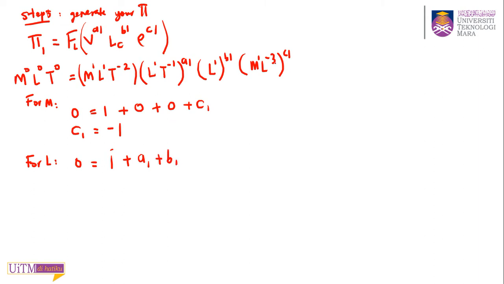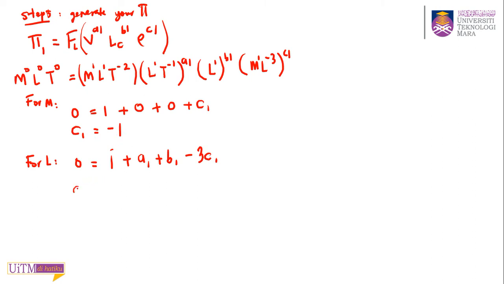In rho you have minus 3 times C, so this will be minus 3C1. Can you follow this? Okay sir.